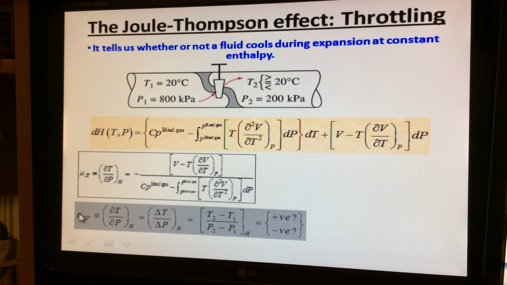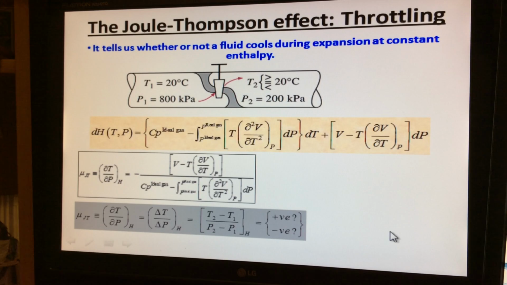What it tells you is that mu JT, the Joule-Thomson coefficient, is positive when you have cooling, and negative when you have heating. So you have to understand that the pressure difference is always negative down here, and the temperature difference is what determines whether you are going to have cooling or heating.